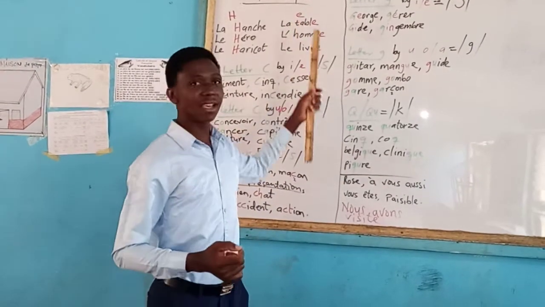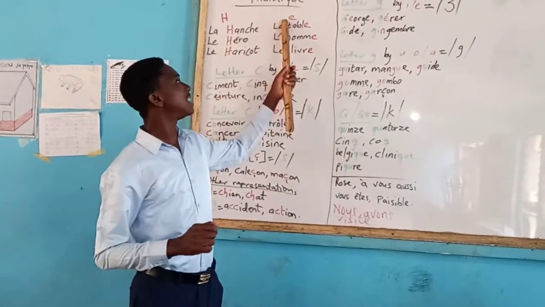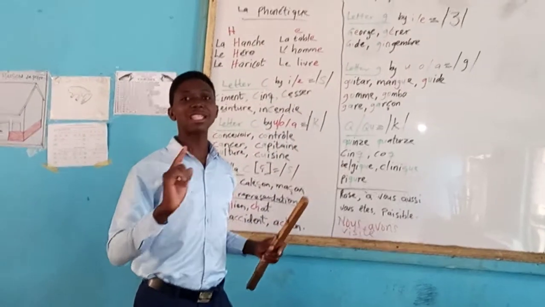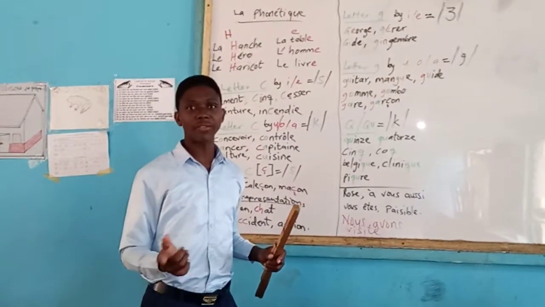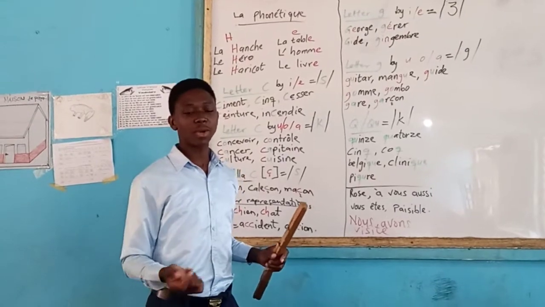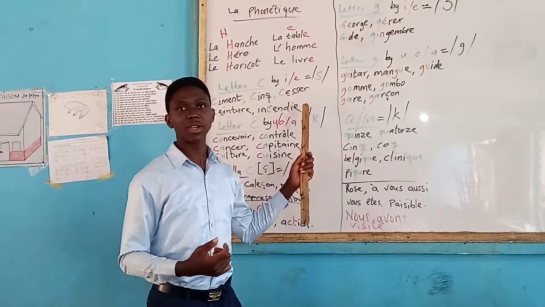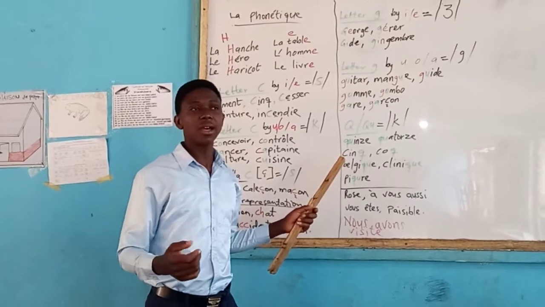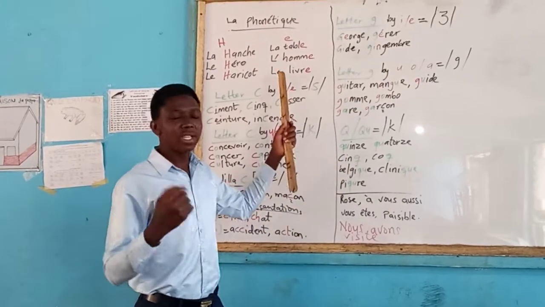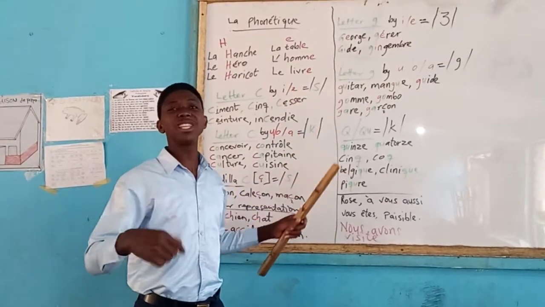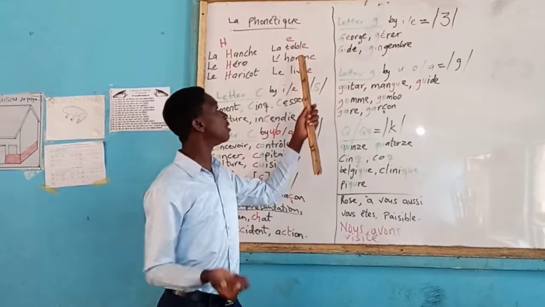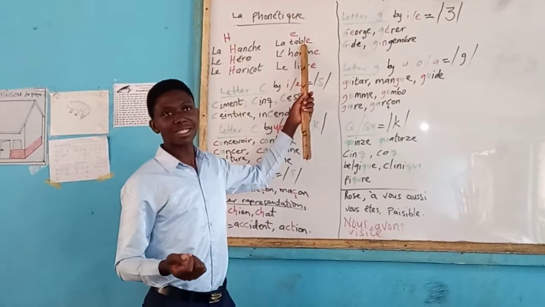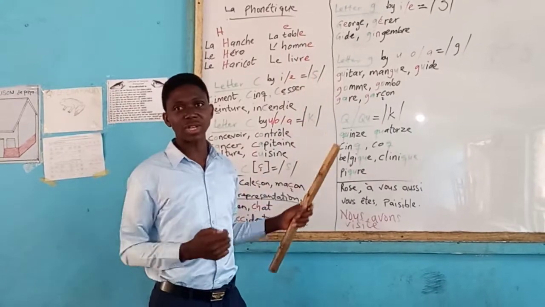Another letter in the alphabet which is silent is the letter E. But one thing you should know: this letter E is only silent when it is at the end of the word. When it is beginning the word, it is pronounced, for example, élève, étudiant. At the end of a word, it is silent, unless there is an accent on it.